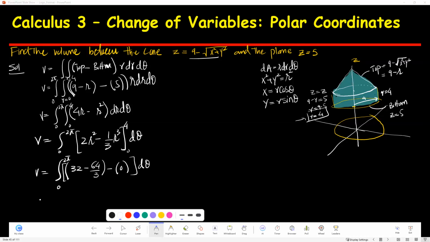Let's simplify it before we move to the second integral. So this one is going to be 96 minus 64 divided by 3, d theta.